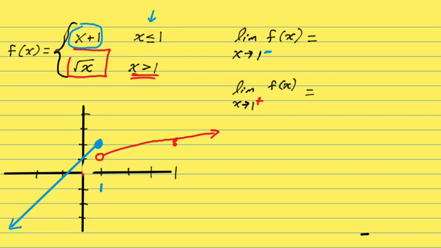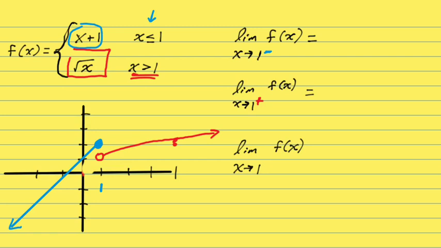And then I want to know what the limit of f of x is if it's not a one-sided limit, just if x was approaching 1. That's how you read it, as x approaches 1.